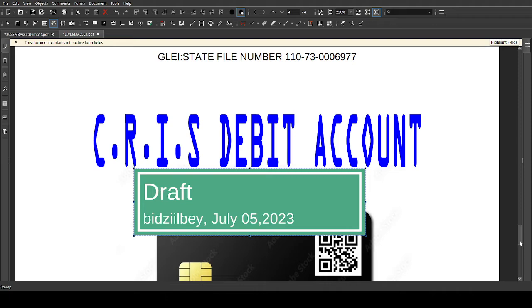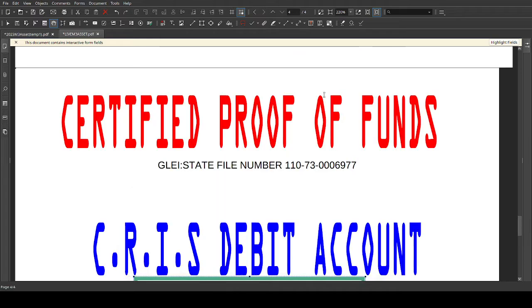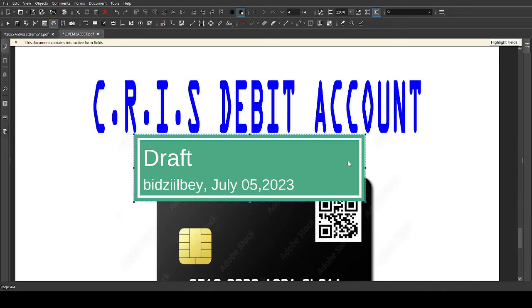So whatever document is attached and affiliated with this state file number/GLEI credit, every barcode in the CRIS debit, and whatever you do on one side of the ledger, there has to be an equal and opposite on the other, and there can't be any overages.